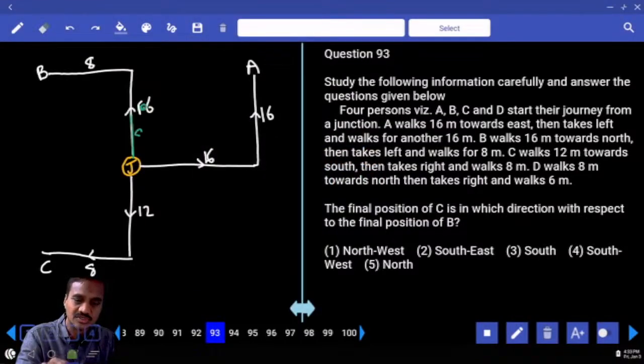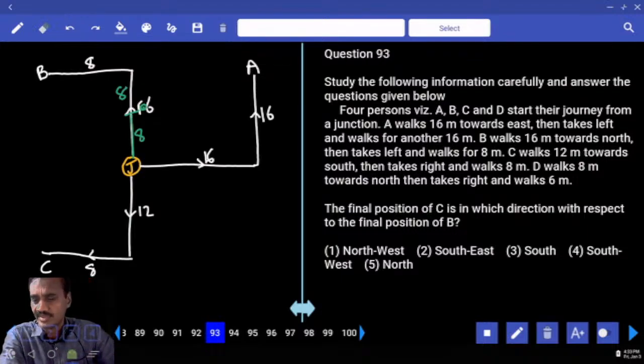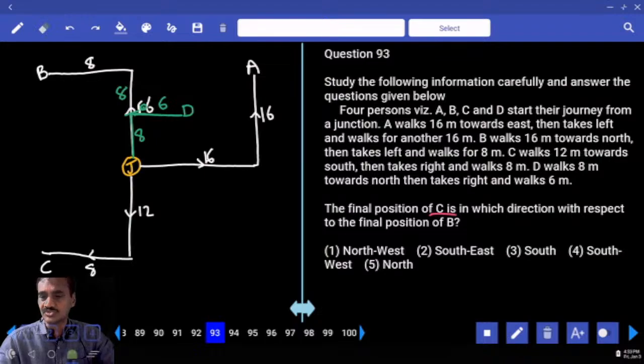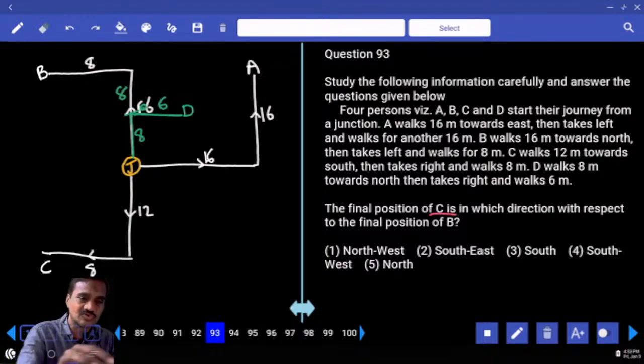Out of this 16, this is 8 and this is another 8. Then D takes a right turn and walks 6 meters. Finally, this is the position of D. Clear? Then the final position of C is in which direction with respect to B? C and B are north and south.